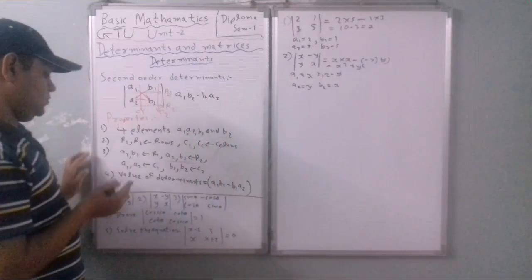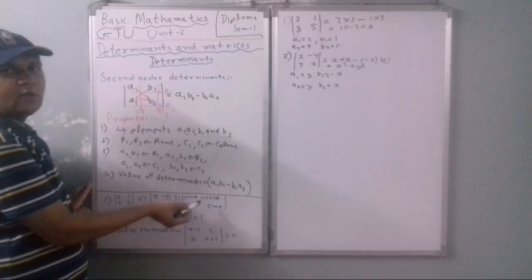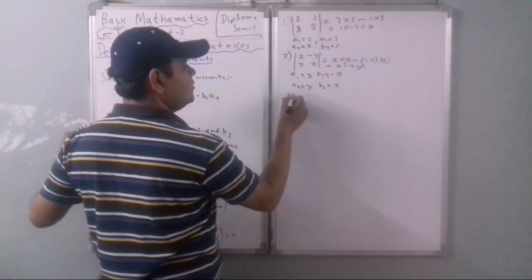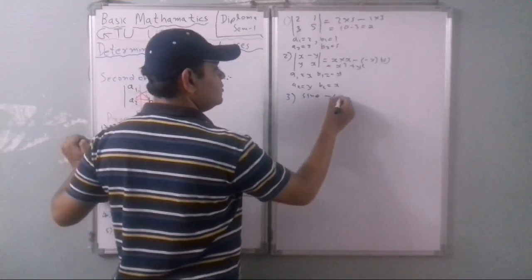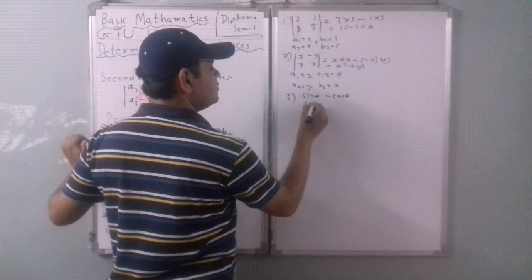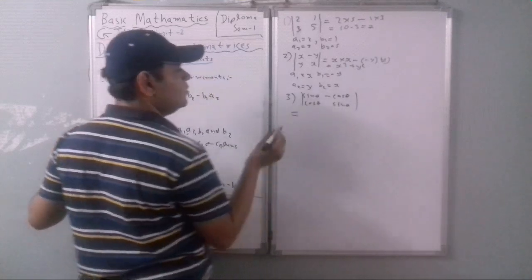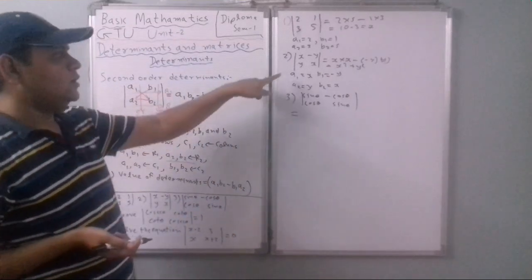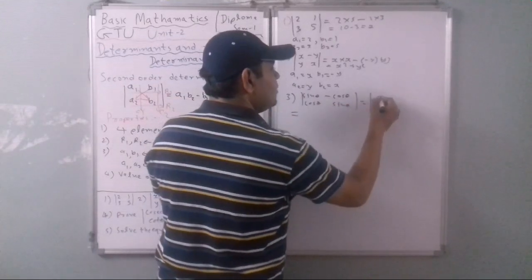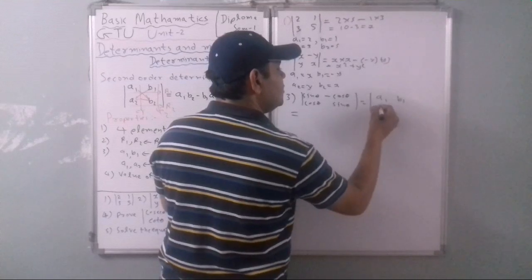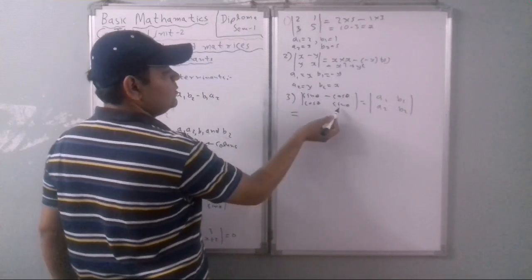This is our answer. Third example: sin theta, minus cos theta, cos theta, sin theta. Again we compare with A1, B1, A2, B2. A1 means sin theta and B2 means sin theta.